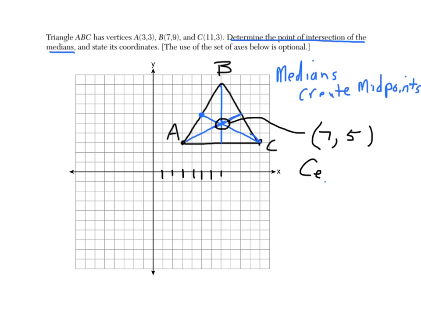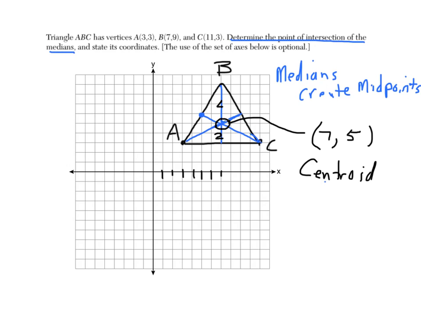It's called the centroid, and this actually feeds into one of the other topics, which is using the centroid to find measurements on the median. You can measure that part as being 2.